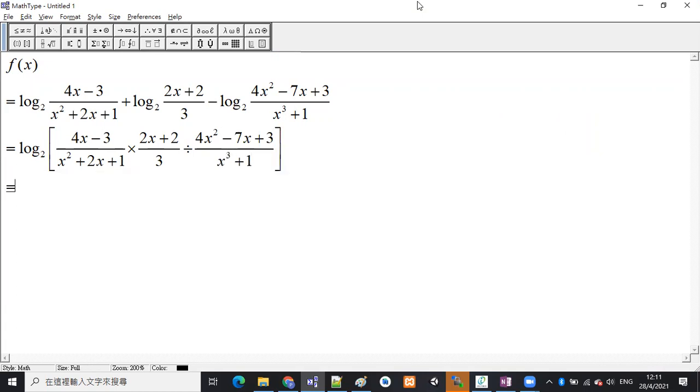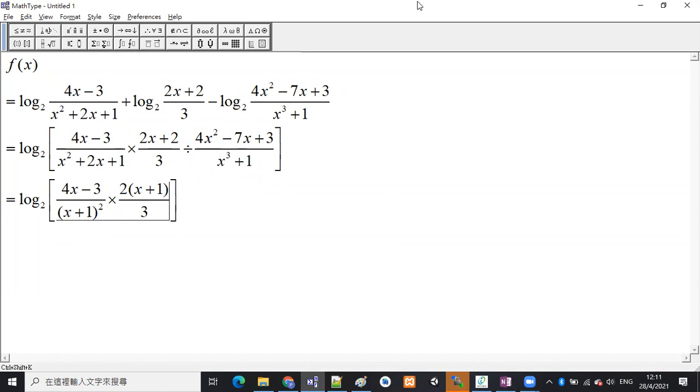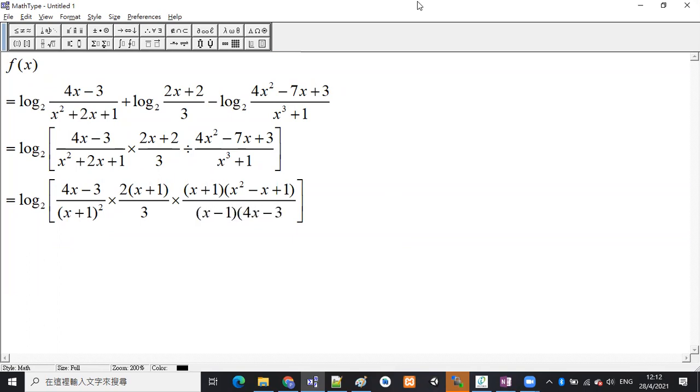Okay, and then we need to do the factorization inside the square bracket first. (4x minus 3), (x plus 1) squared, times (2x plus 1) over 3, and then times the reciprocal of this, (x squared minus x plus 1) over this, which is (x minus 1)(4x minus 3), I think.